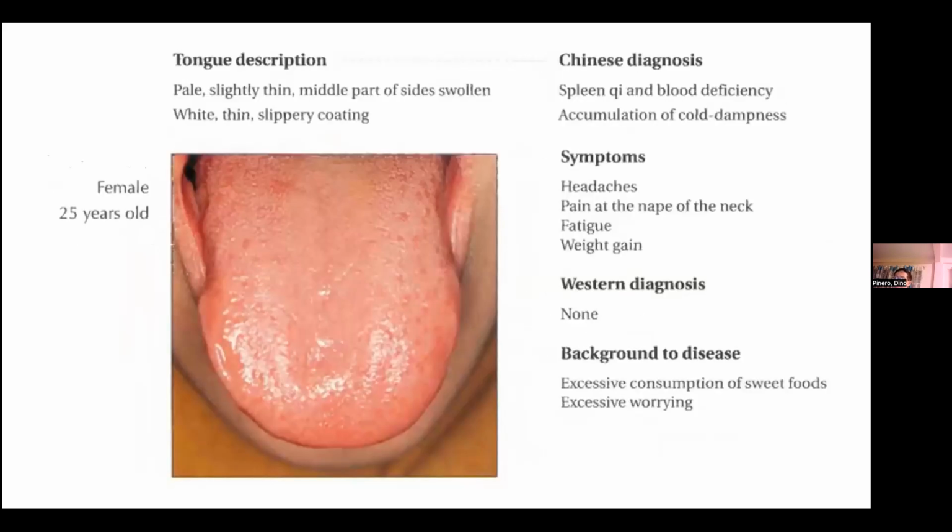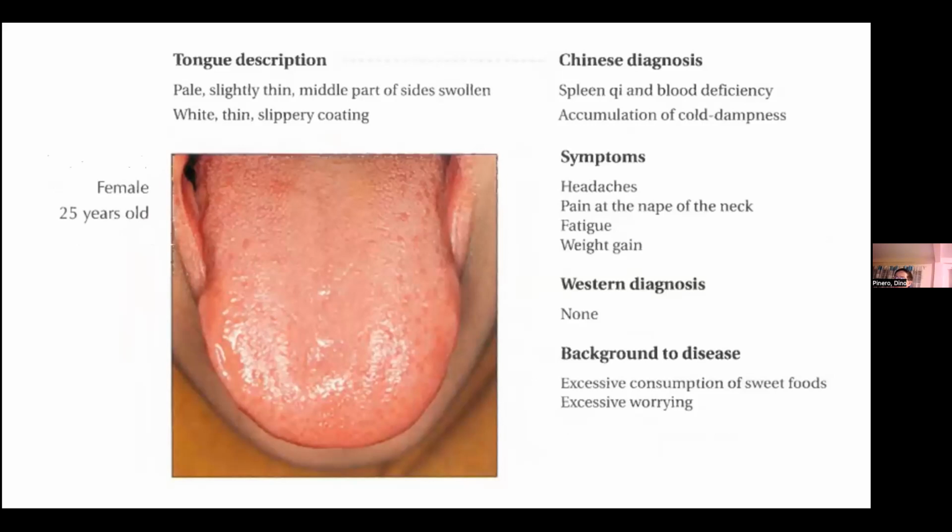So next patient, we have a female, 25 years old. Ang tongue po niya is pale, slightly thin. Middle part of the sides are swollen. So this indicates that there is a spleen qi and blood deficiency. Meron siyang white thin slippery coating, which indicates that there is accumulation of cold dampness.